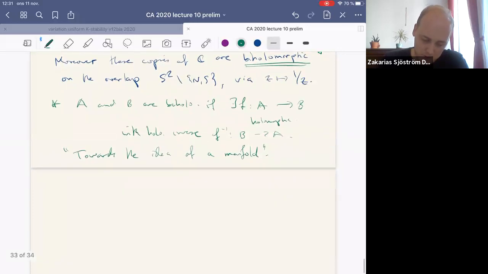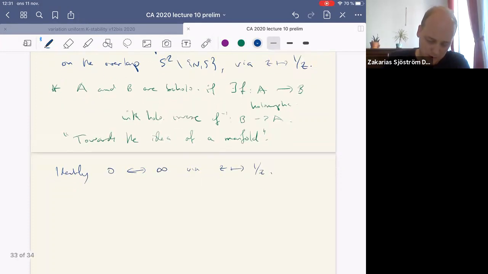Okay, and then you really identify 0 with infinity. I mean, you can map one to the other using this map. So let me draw the picture, for example.